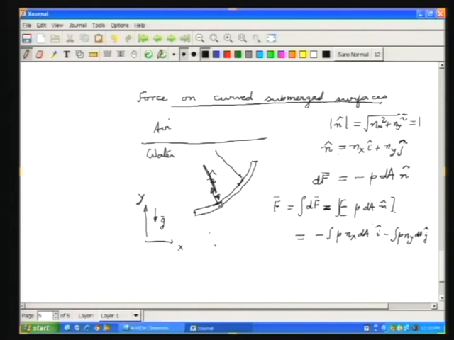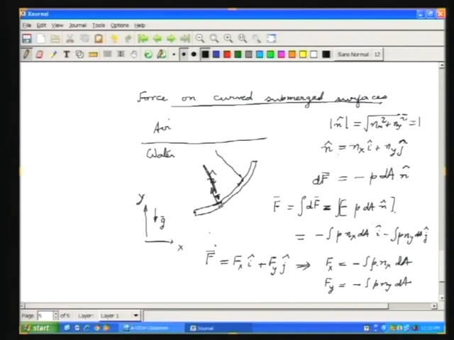Okay. So, if I say f, the resultant force is say f x i plus f y j, then you have f x is equal to minus integral of P n x dA and f y is equal to minus integral of P n y dA, where the integration is carried out along the curved surface here.